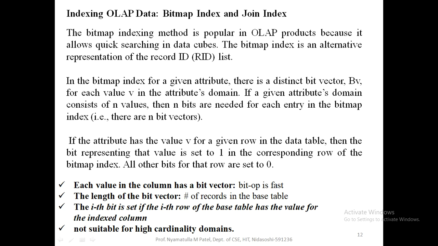That means if a particular attribute has the value V for a given row in the data table, then it is represented by 1. 1 means the data is present in the data cube, and if it is not present, then the values are set to 0.